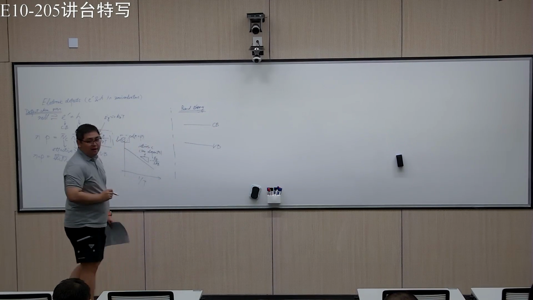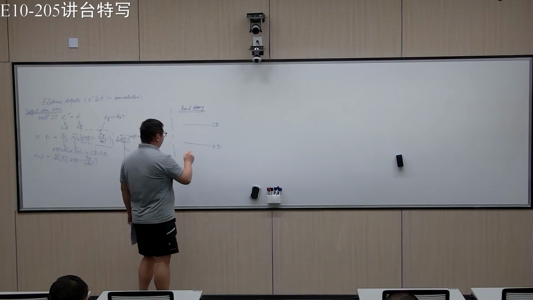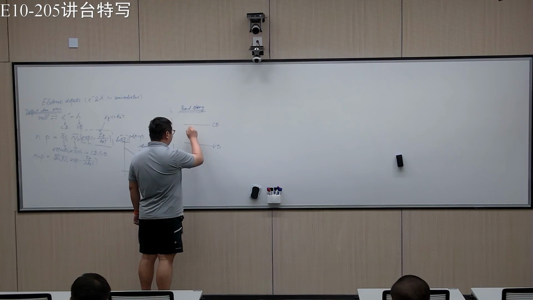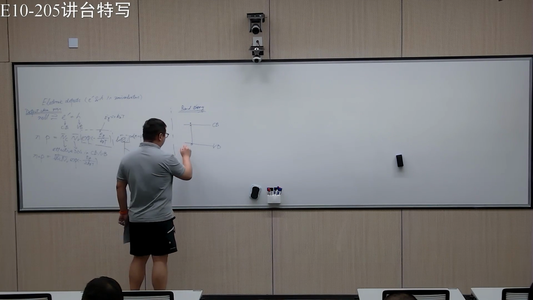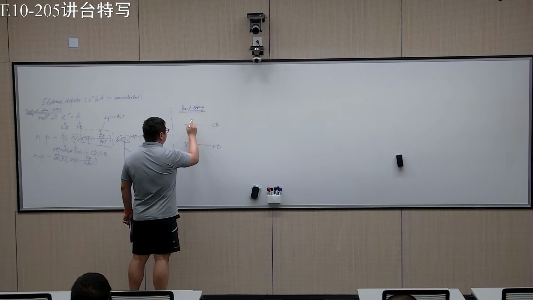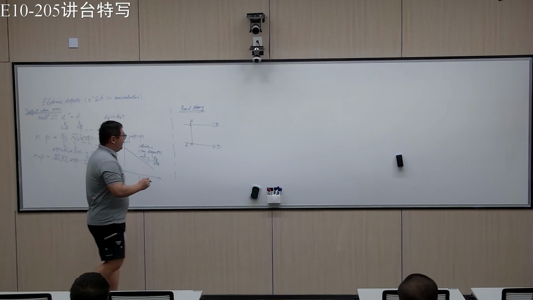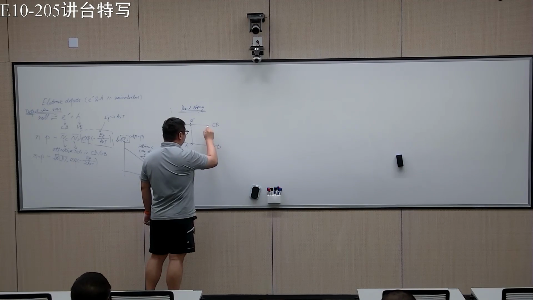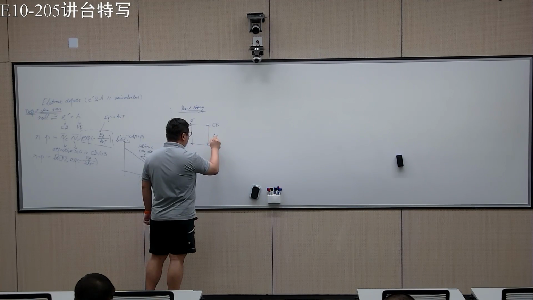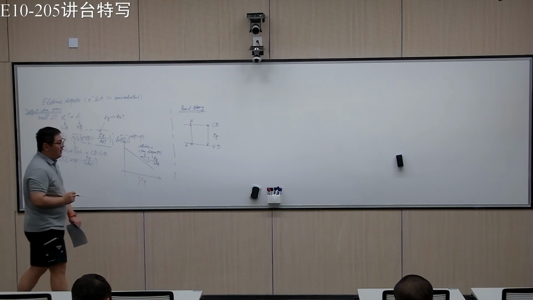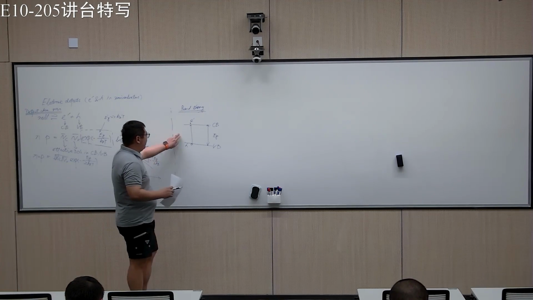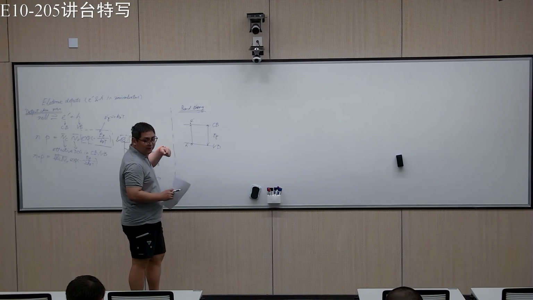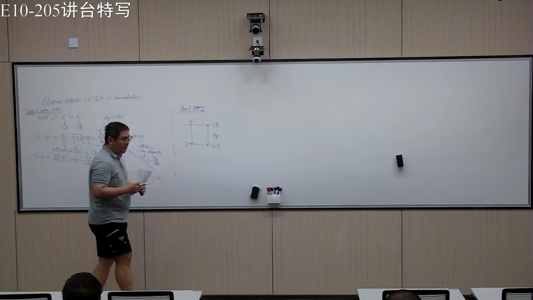Then, of course, we have electron-hole pairs because some electrons are thermally excited from the valence band to the conduction band. So we have holes here and electrons here. And this is called the band gap, Eg. Last week, we spent a lot of time talking about energy dispersion and density of states.